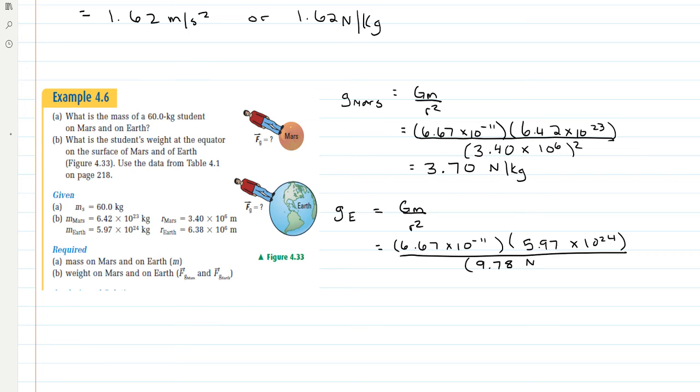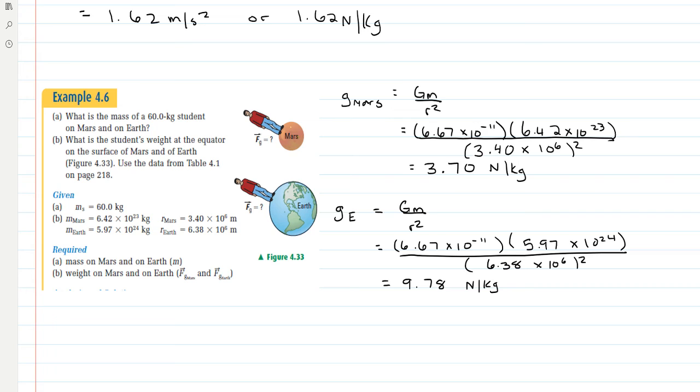Oh, whoops. Wrong value written there. So 6.38 times 10 to the 6th squared for 9.78 Newton per kilogram. Fantastic.